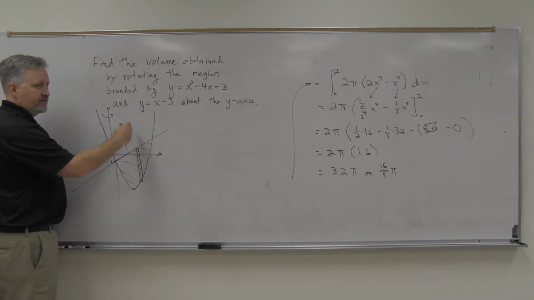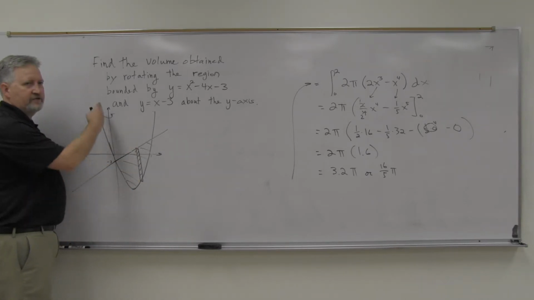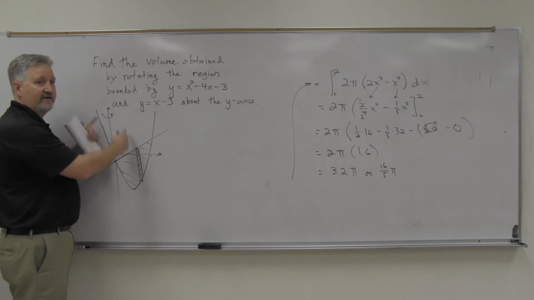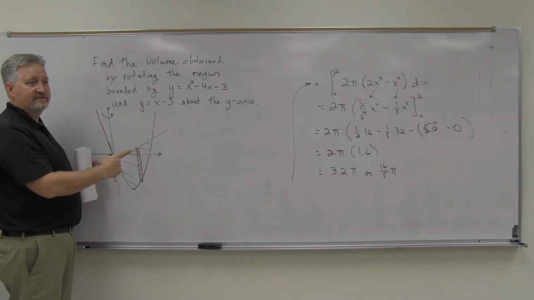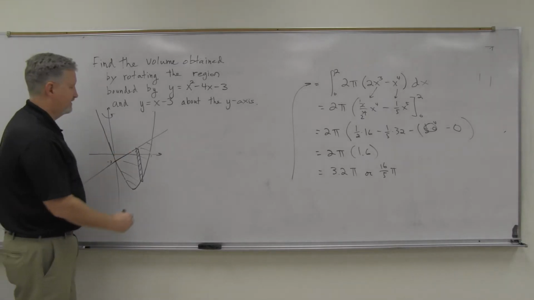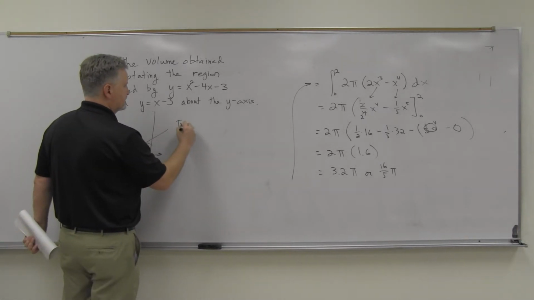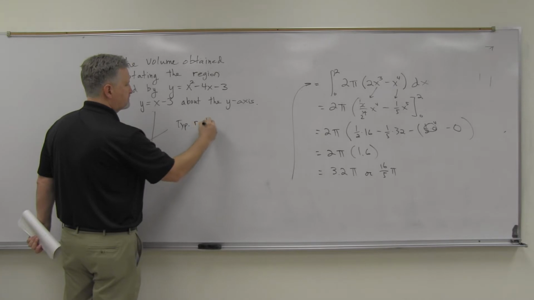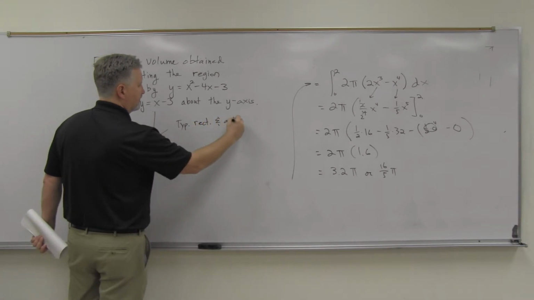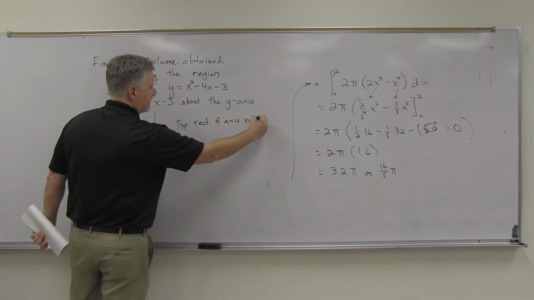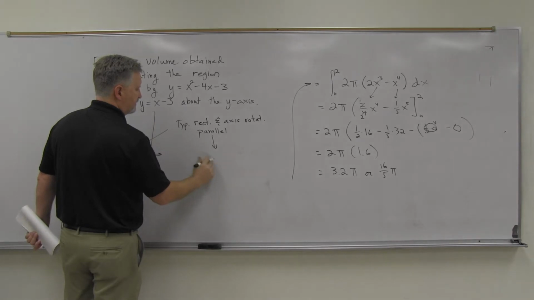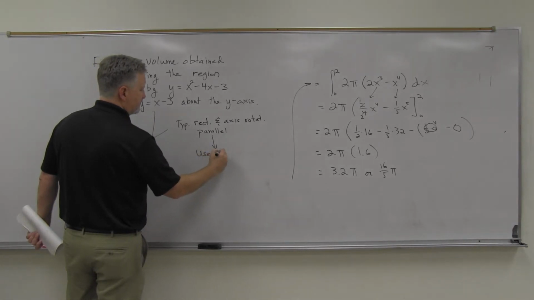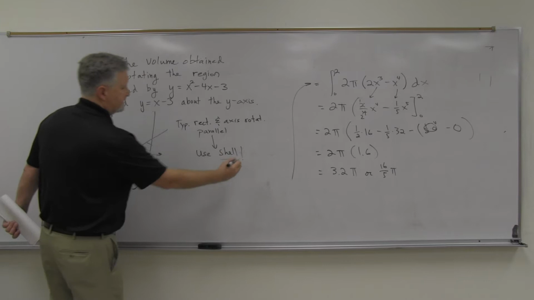Well, if I want my typical rectangle like that, and the axis of rotation is here, those are parallel. So the rectangle parallel to the axis of rotation, that's shell, okay?